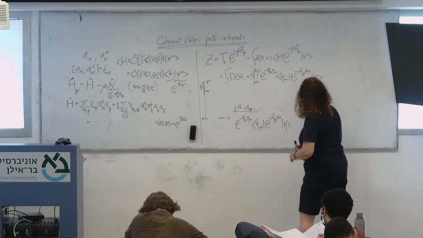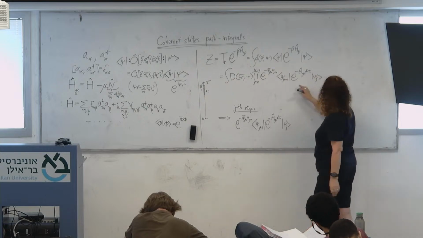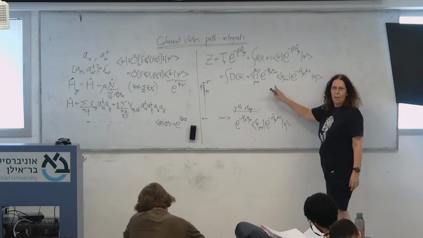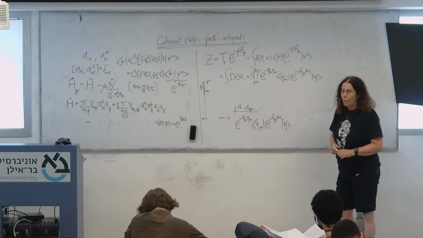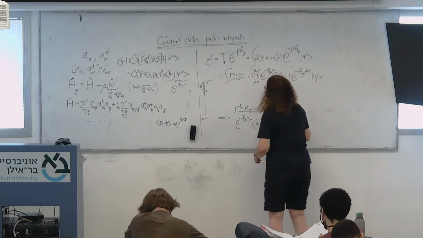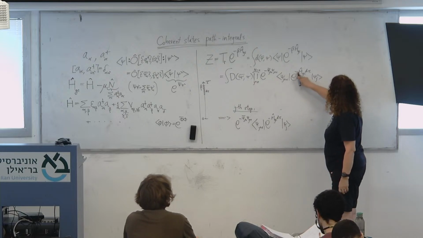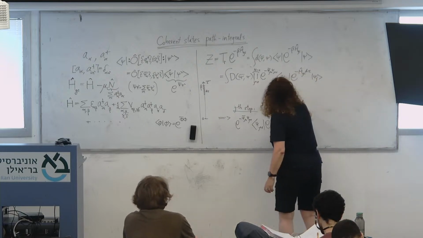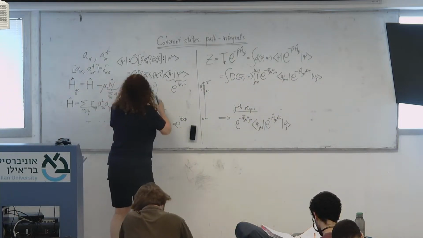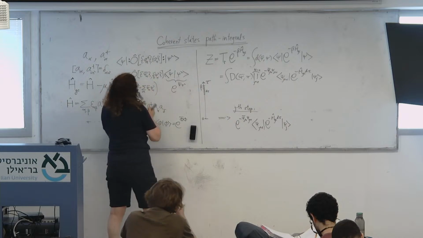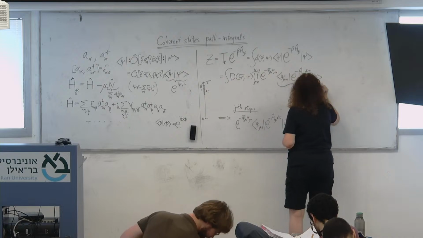Yes, so basically what I'm saying is that this matrix element, I know exactly how it looks. It's given by the exponential of, let me write it directly, using this general definition and applying it.